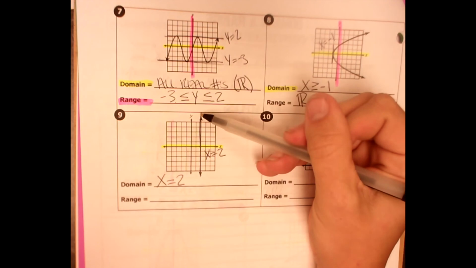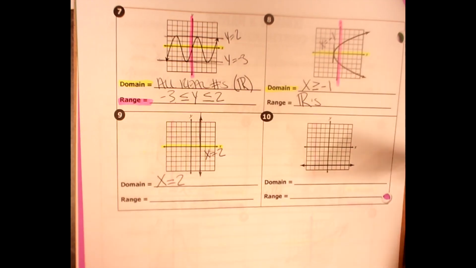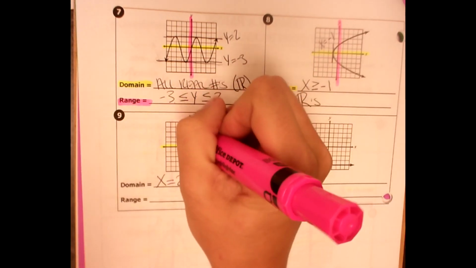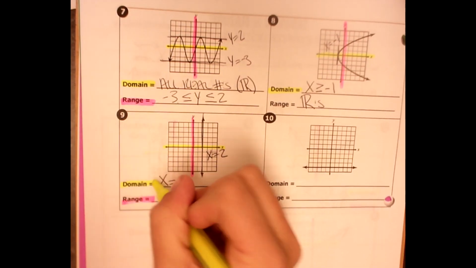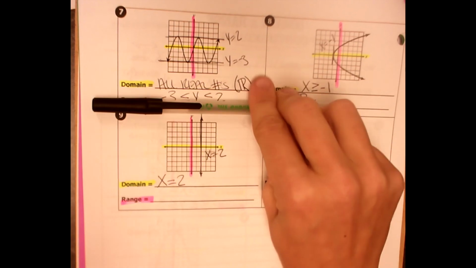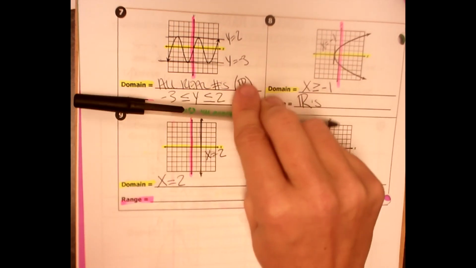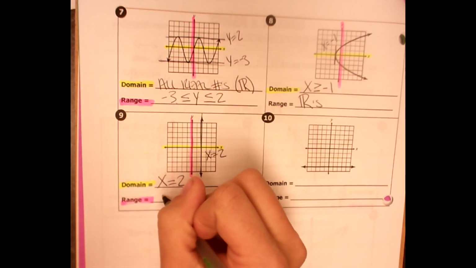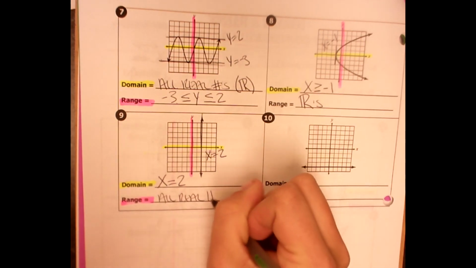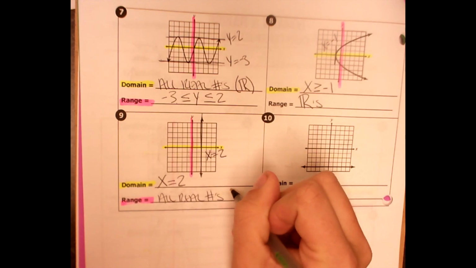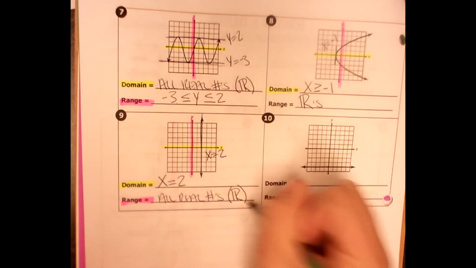Every spot on this graph, x is equal to 2. If we look at our range, top to bottom, those arrows mean that it keeps going. We'll use all the y's up here and all the y's down here. So y is all real numbers, or you could write it with the symbol.